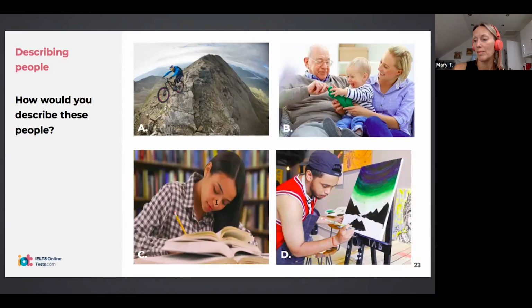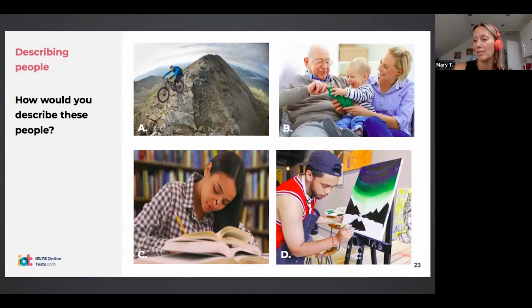So diligent is a good word. Studious, you've said. Focused. Passionate, could be passionate. Yeah, and then D. Creative, talented. Engrossed, somebody said, which is a good word.